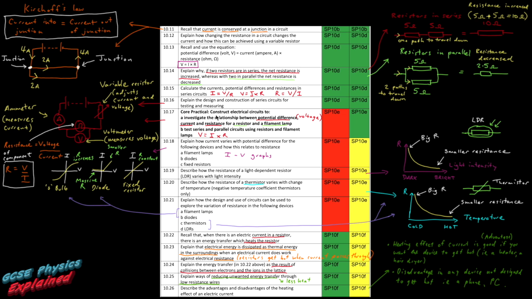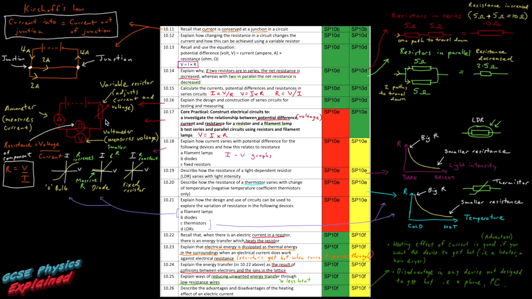10.17 Core Practical. Construct electrical circuits to investigate the relationship between voltage, current and resistance for a resistor and a filament lamp, and test series and parallel circuits using resistors and filament lamps. So that's using Ohm's law.